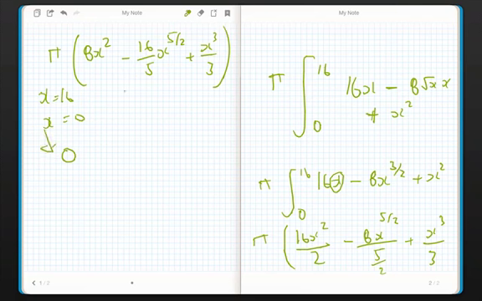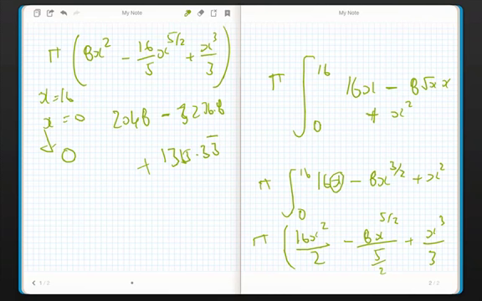For x equal to 16, we have 16 squared into 8, 2048, minus 16 to the power of 5 by 2 into 16 divided by 5, which is equal to 3276.8, plus 16 cubed divided by 3, which is 1365.33 recurring.